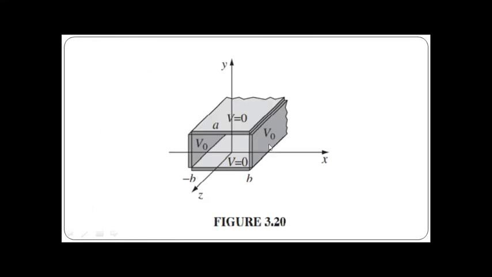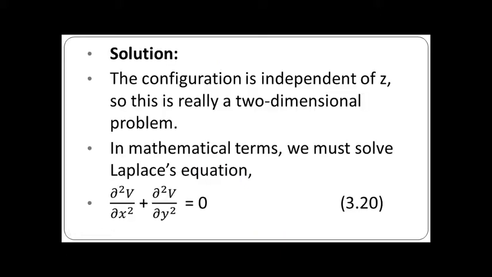You can see that at x is equal to plus b and x is equal to minus b the potential is V0, and at y is equal to 0 and y is equal to a the potential is 0. So on all the boundaries surrounding this region of interest the potential is specified, and hence we can solve the Laplace equation in 2 dimensions.